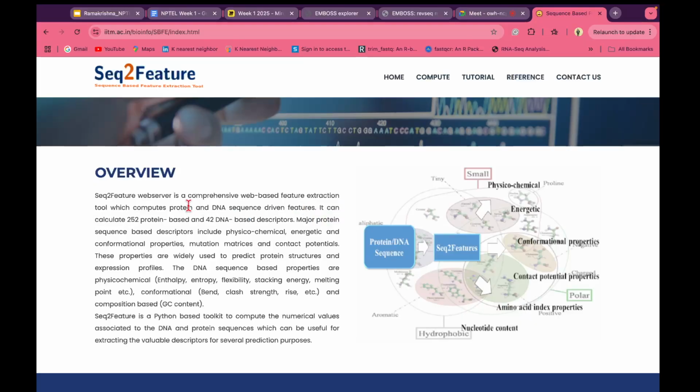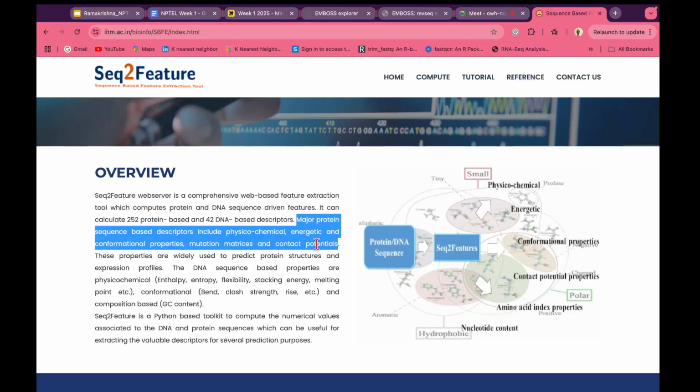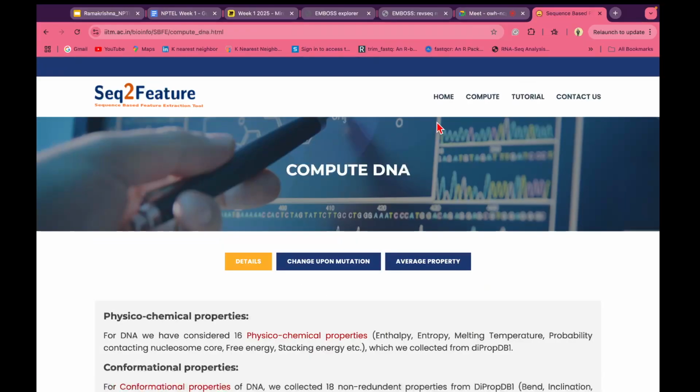It can calculate nearly 252 protein-based and 42 DNA-based descriptors. The major protein-based descriptors include physiochemical, energetic and conformational properties, mutational matrices and contact potentials. When you click on compute here, it asks whether we want to do a sequence analysis of a protein or a DNA. Let me select DNA.